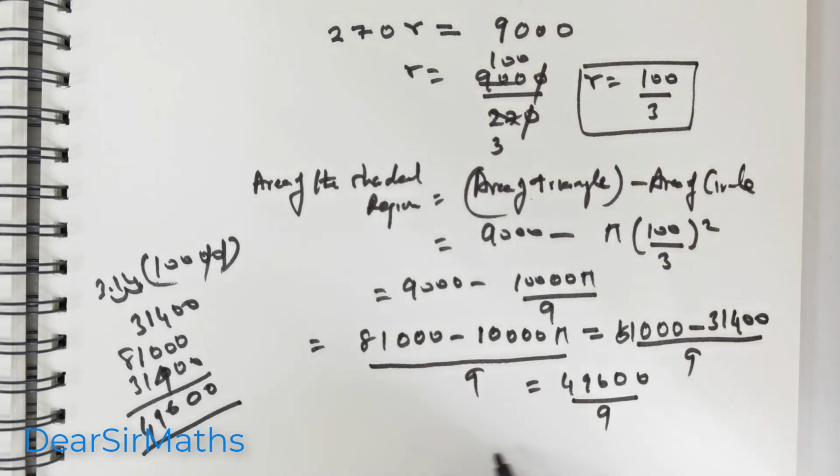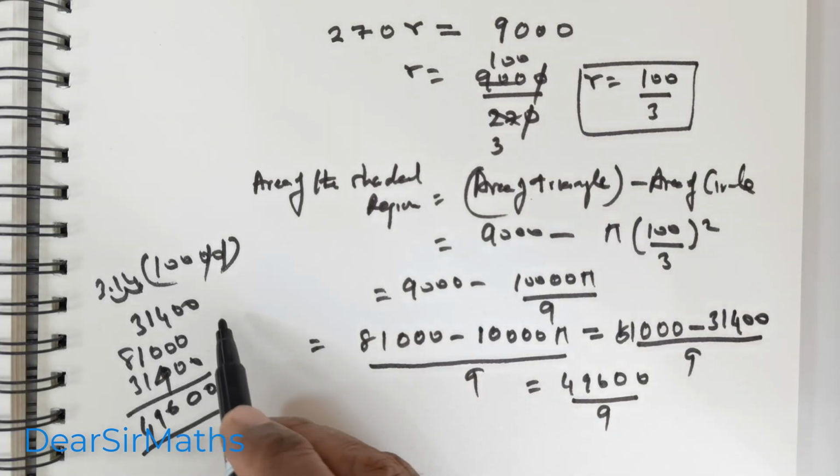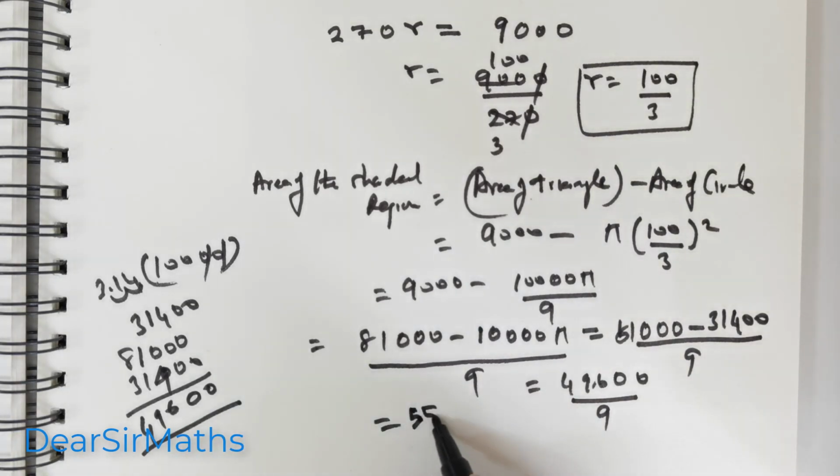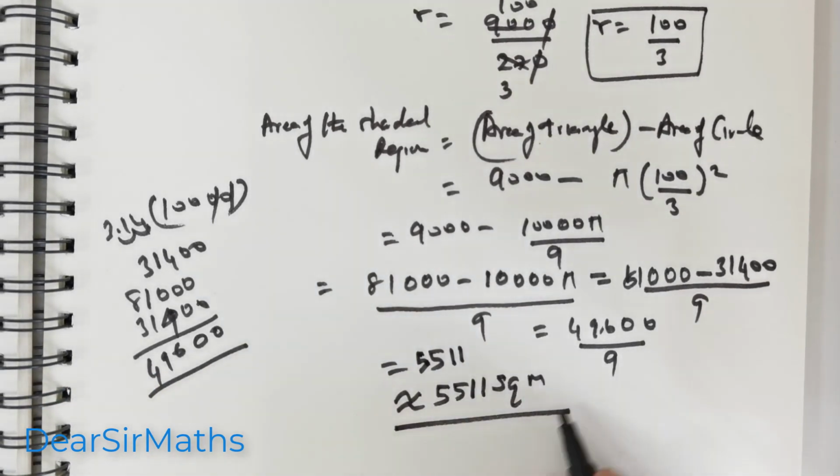So if you were to divide this by 9, approximately 5511 square meters. So this is going to be the area of the shaded region which is under question. So this is the solution for this question.